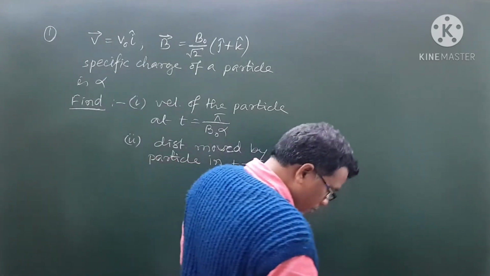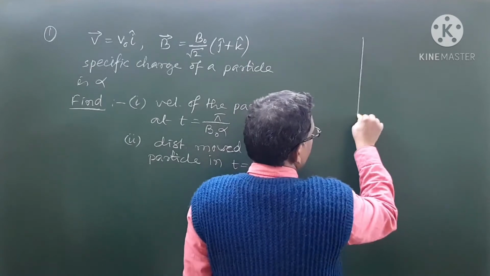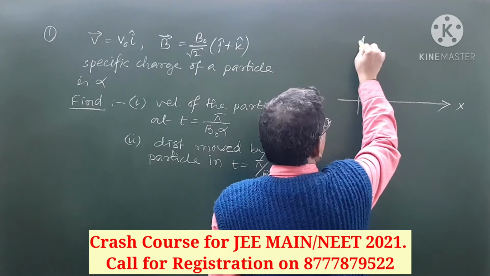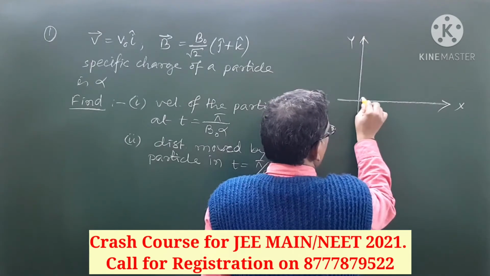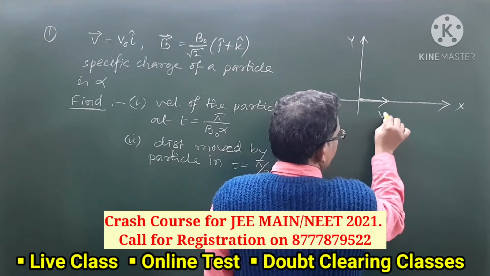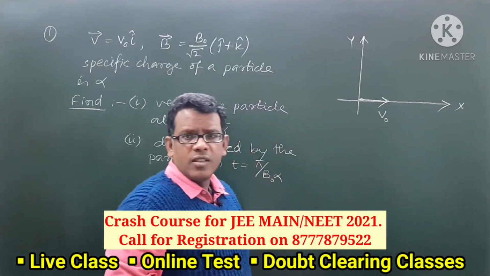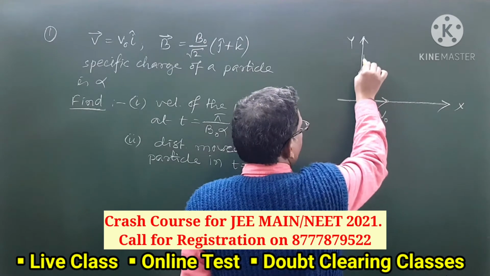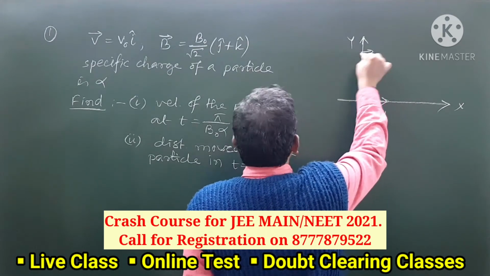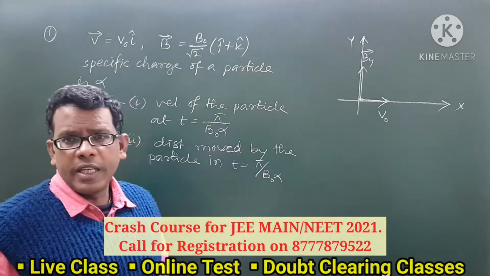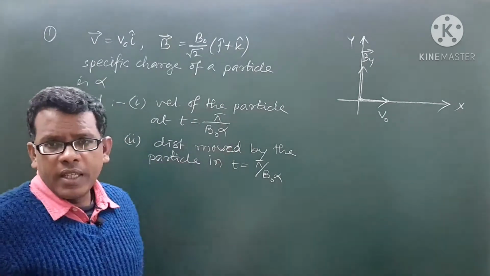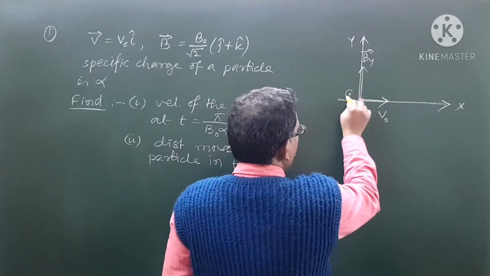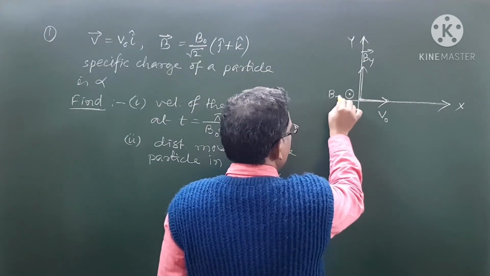So first of all, if I draw the xy plane, this is the x axis, this is the y axis. A particle is moving with velocity v naught in this direction, and there is one magnetic field vector By, because the j unit vector indicates that a magnetic field is along the y direction, and another one is outward in the z direction, Bz.